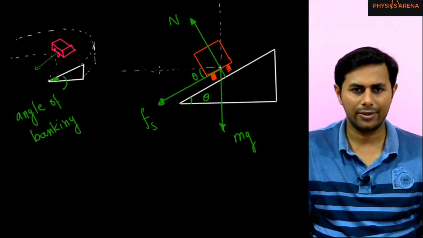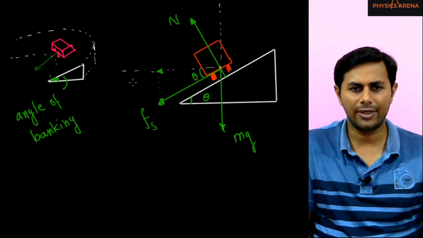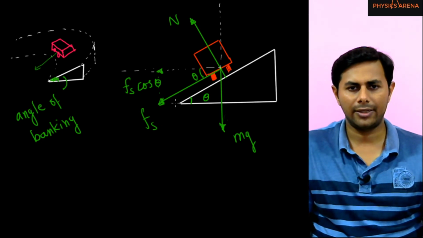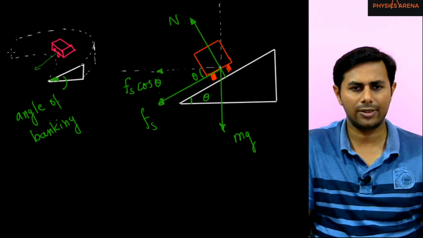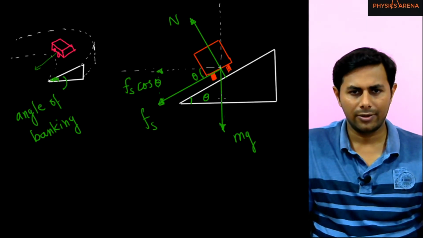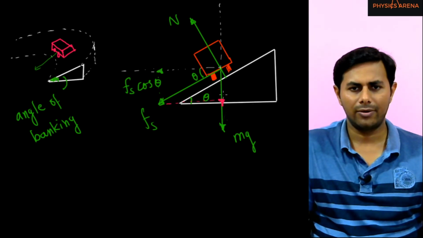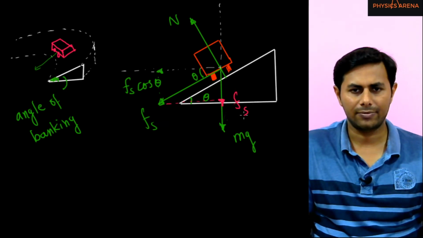So component in horizontal direction will be Fs cosine theta, and component in this perpendicular direction, let me use some different color for it. So this is component of static friction in vertical direction, so it is Fs sine theta.